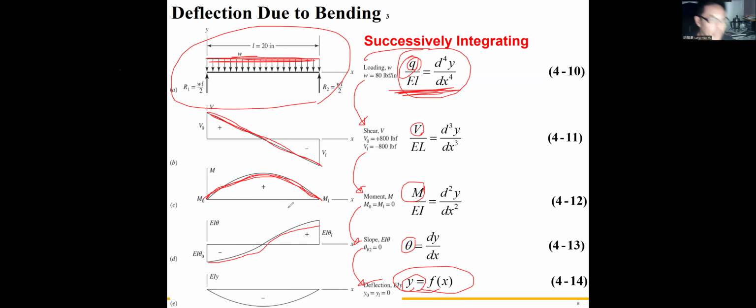Then we integrate again and figure out the deflection at different x locations. So you should find out where the maximum deflection is.